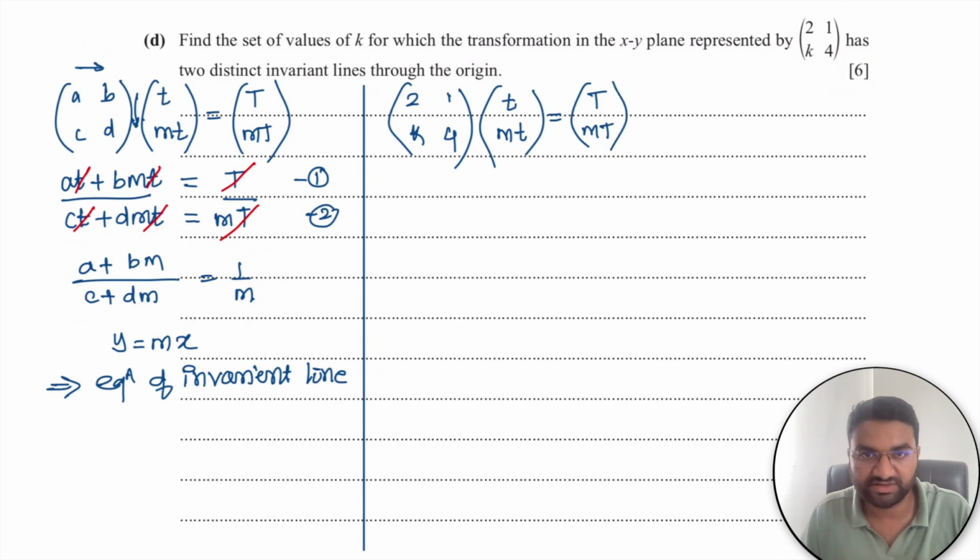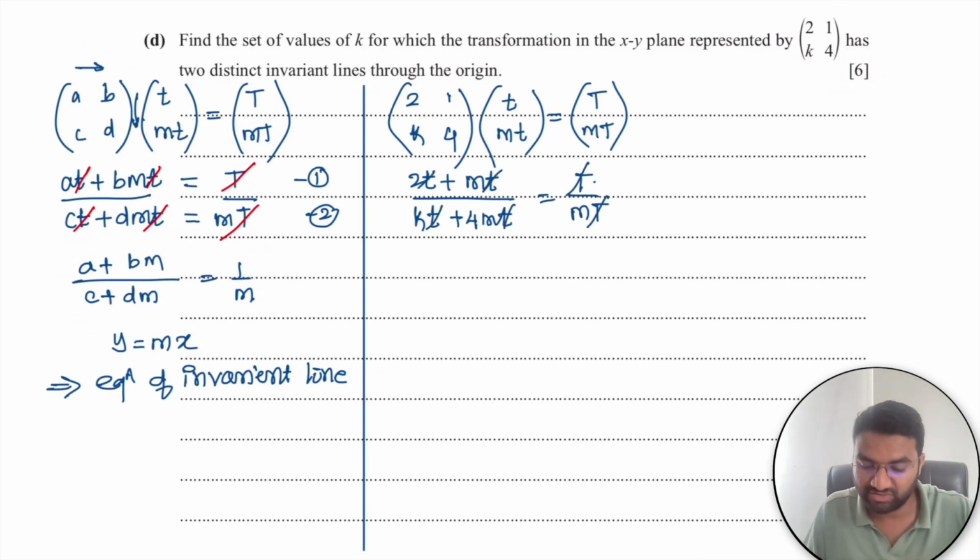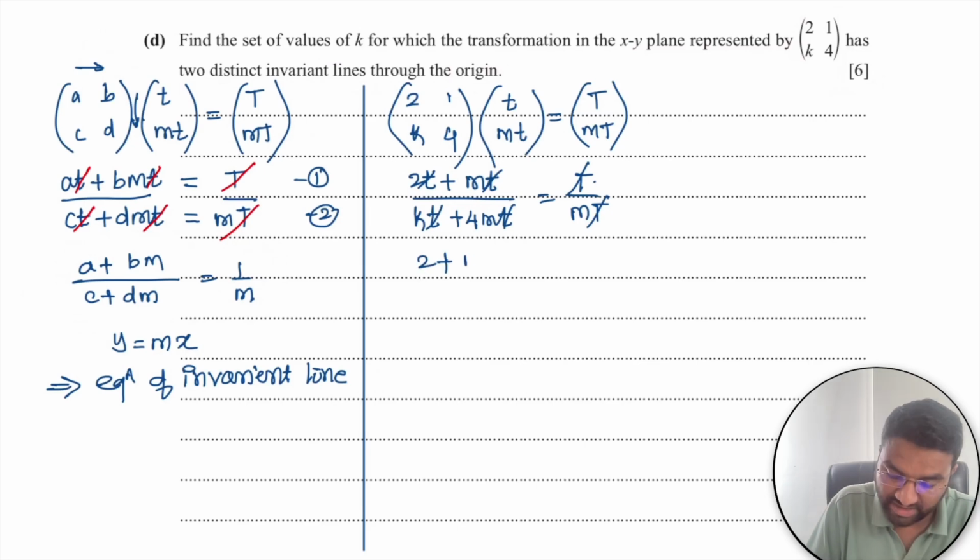We have to solve this, so it will be (2t plus mt) upon (kt plus 4mt) is equal to t upon mt. All these t's get cancelled out. If you cancel out t, we will get the ratio as (2 plus m) upon (k plus 4m) is equal to 1 upon m.